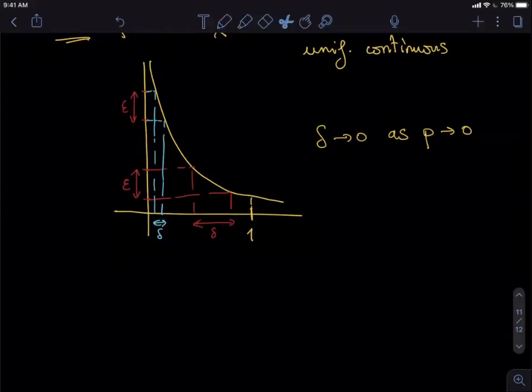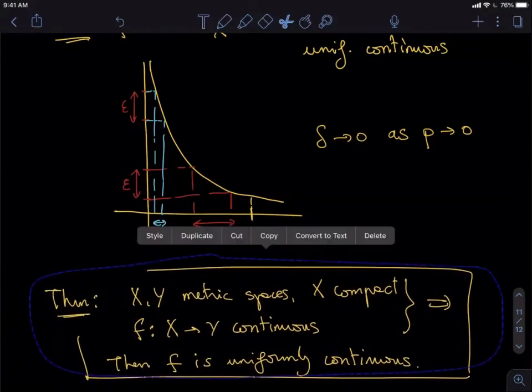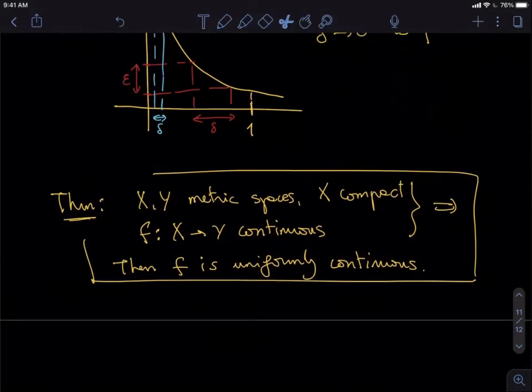So what is the theorem then? The theorem says that whenever we have a continuous mapping from a compact metric space into another metric space, then we know for sure that that mapping is uniformly continuous.